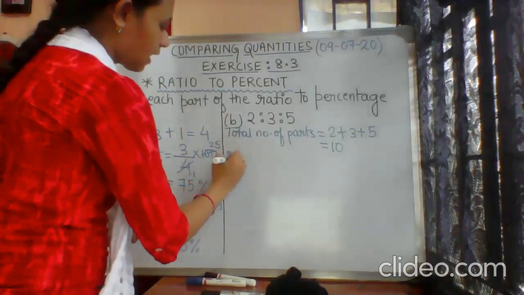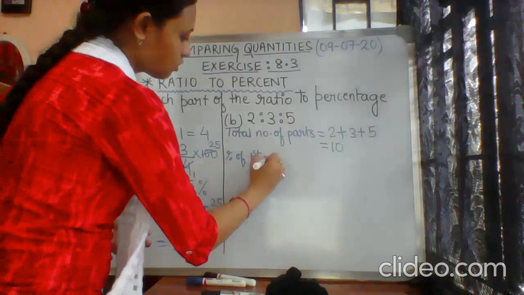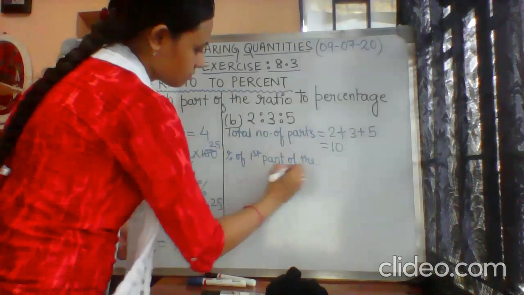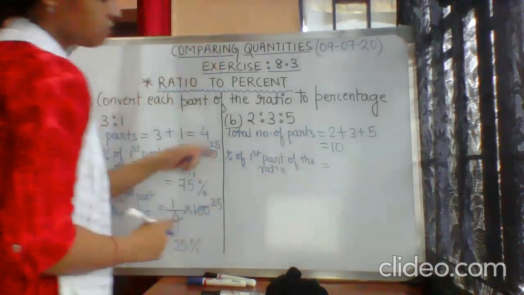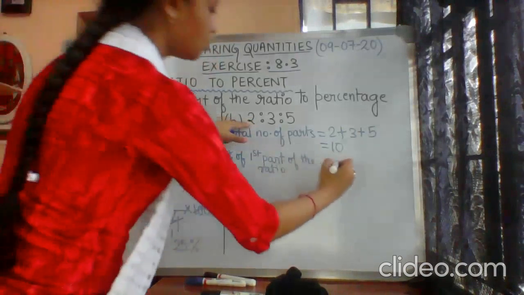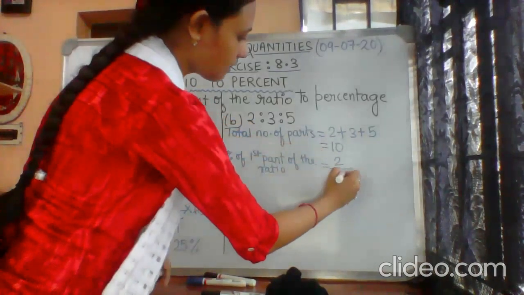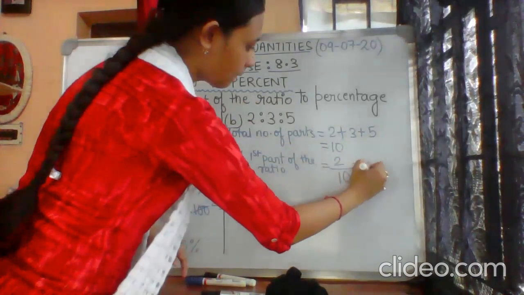So percentage of first part of the ratio, how much? First part is 2 parts out of total number of parts, that is 10, and we have to find the percentage, so into 100.